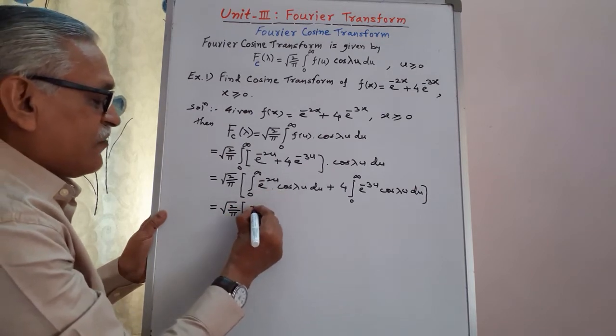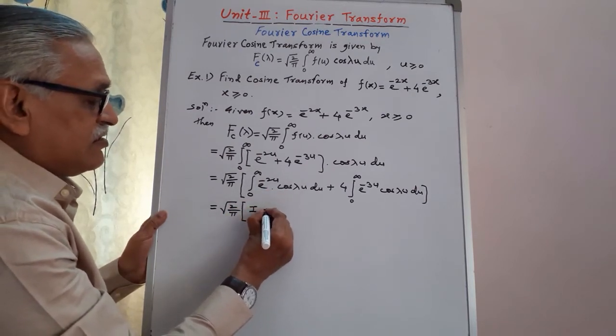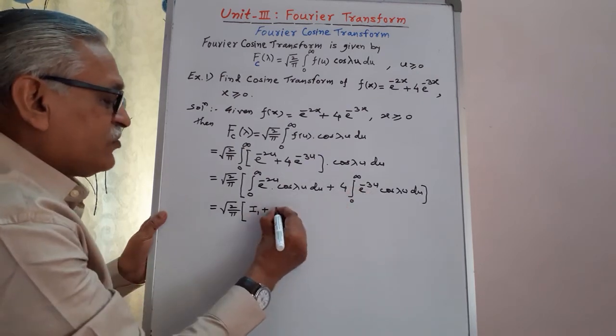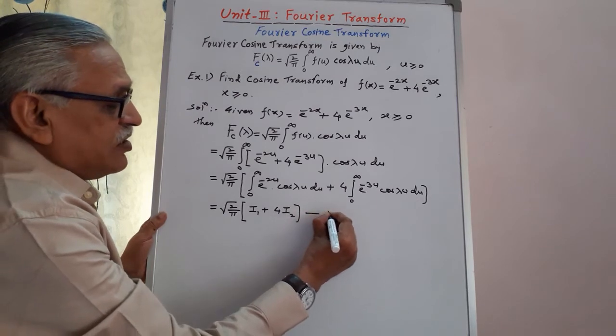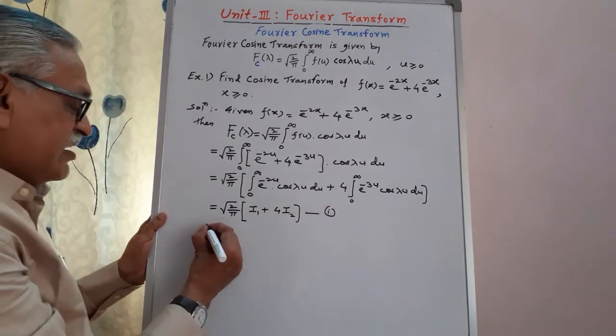We call this as I1 and second one as I2, and we call this as equation 1.